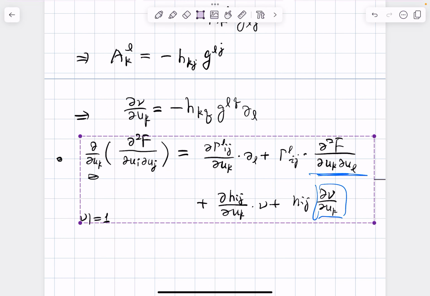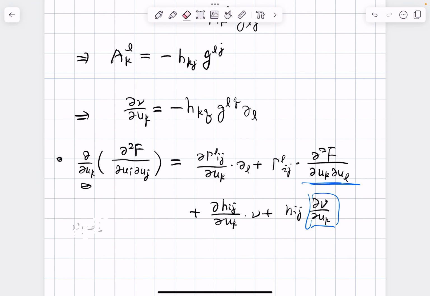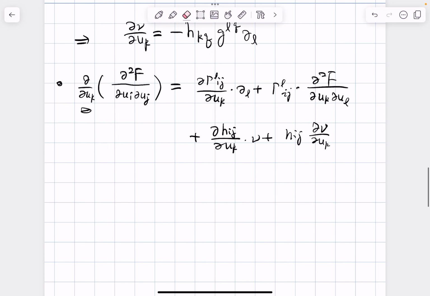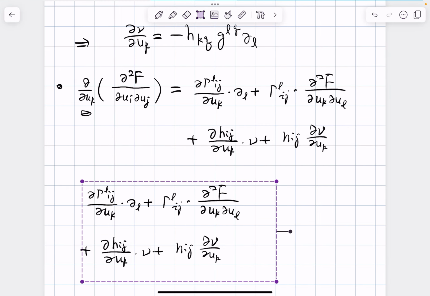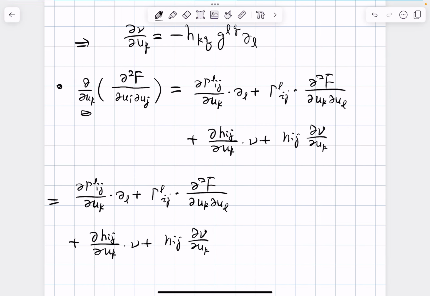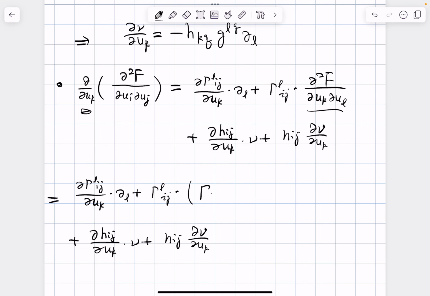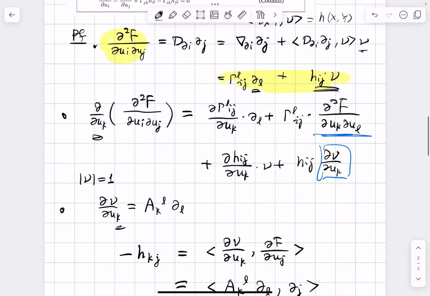Duplicate this part and plug it in. Equal to this, and for this part, it becomes Γ_kl^q partial_q plus h_kl ν. This is by our previous formula.